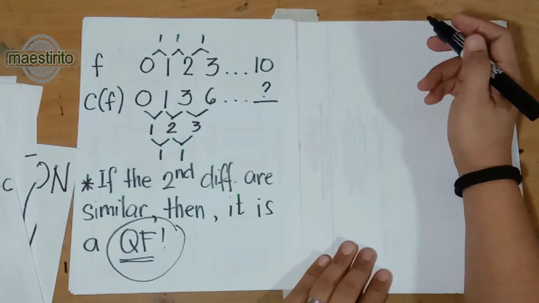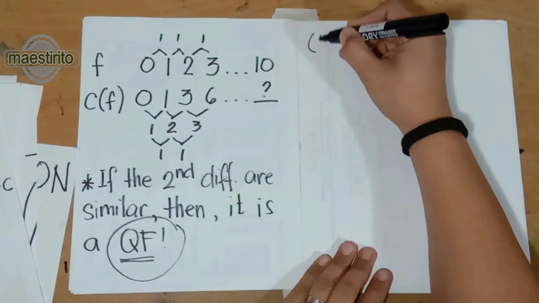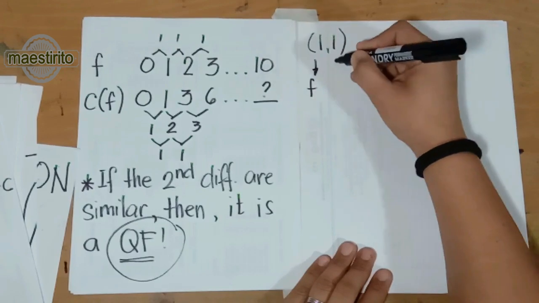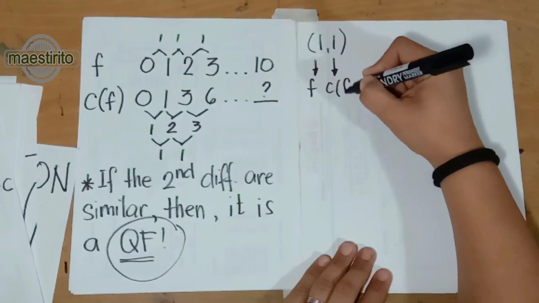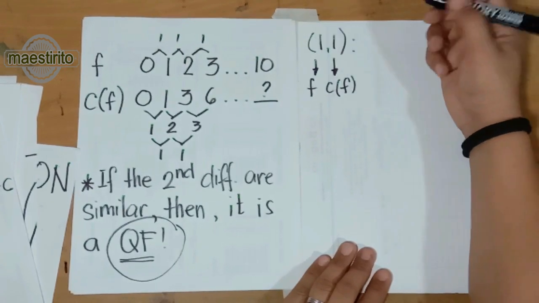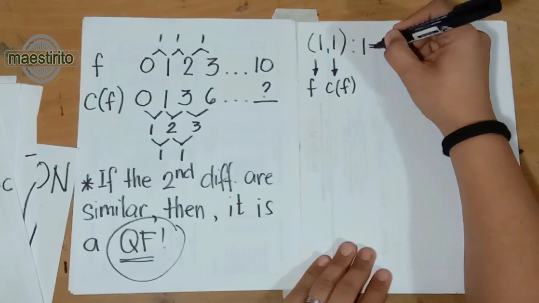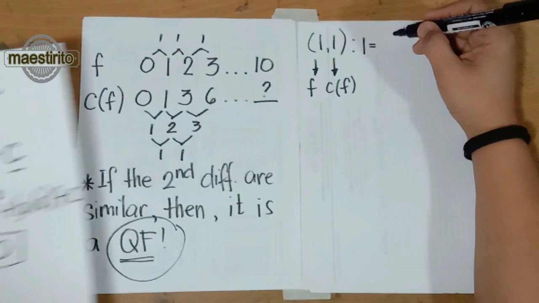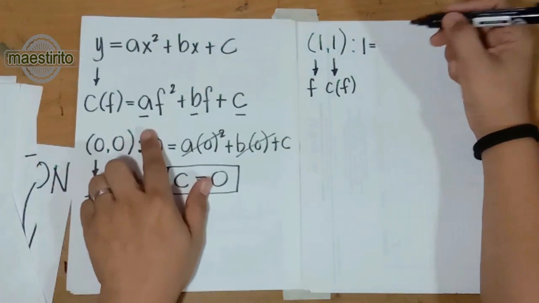So, using (1, 1), f(c of f), this will give us 1 is equal to... let's go back here so we could have a guide.